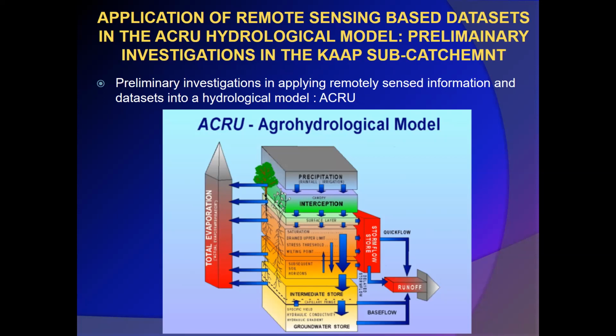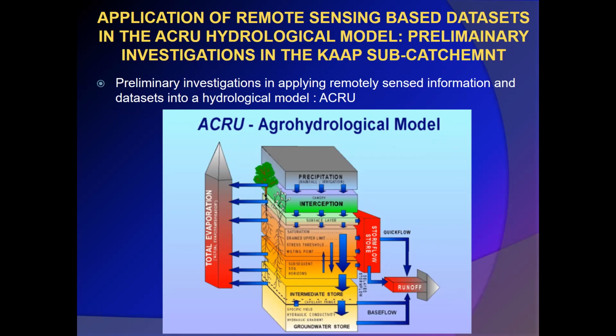I want to end off today's session with a very quick overview of a small study that we did in the Carp subcatchment. The Carp is a subcatchment of the Inkomati catchment in South Africa. For those of you who know the Kruger National Park area, the Inkomati catchment lies close to the Kruger National Park.